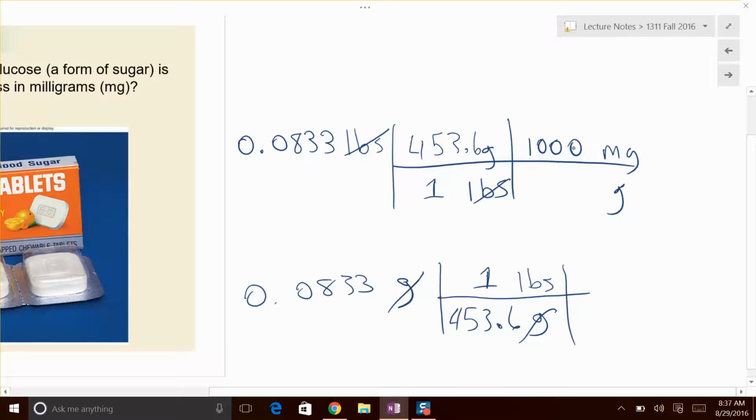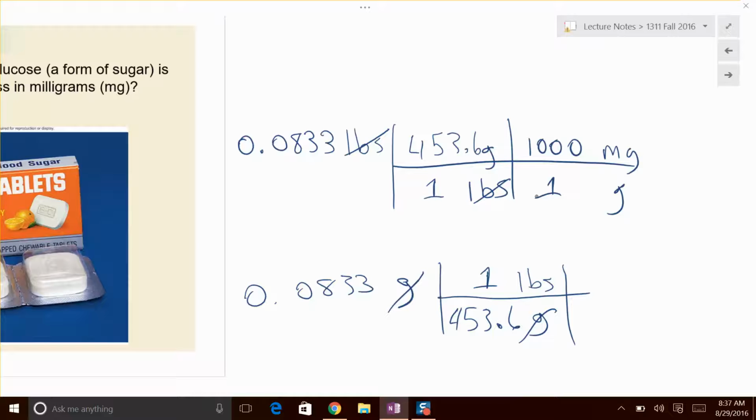Milli means 1,000. There's 1,000 milligrams in every 1 gram. Now, if it was something other than milli, like pico or femto, I wouldn't expect you to know that. I would give you the conversion for that, okay? But if it's a milligram, I want you to know that means 1,000 milligrams in 1 gram, okay?